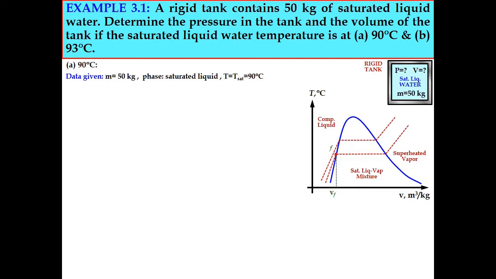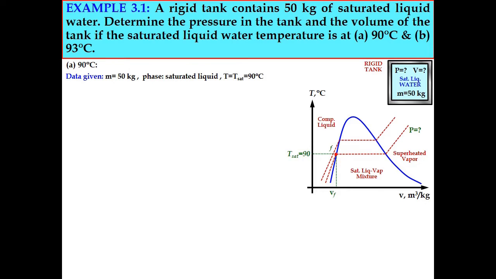Let's say we have an unknown constant pressure line with a saturated temperature of 90, and we know that the phase is saturated liquid, so we will use the symbol F as shown in the T-v diagram. In terms of specific volume, we will have vf because our state is at the saturated liquid state.